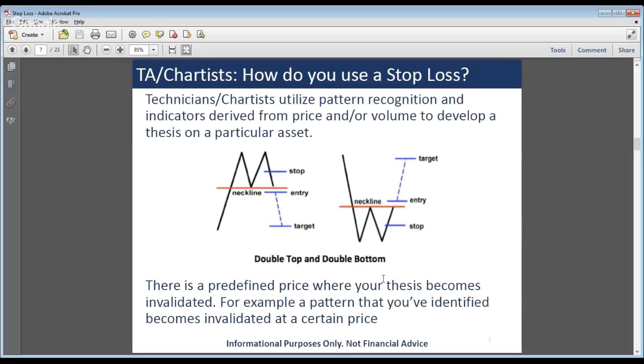And the stop would be set where they believe that the thesis changed and the pattern is no longer valid. So it can be very much hard-coded, this is the exact price that they want to get stopped out at. And the same in terms of taking profit from a target perspective.